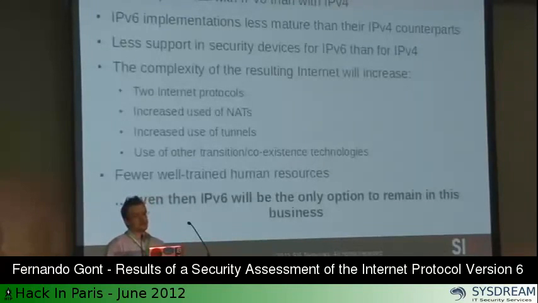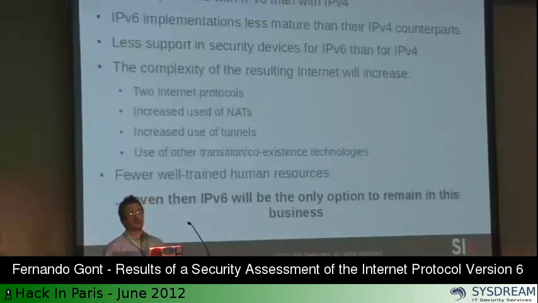Another important aspect, particularly for the people working in the operations area, is the support that you can find in security devices. Let's say that you take a look at a firewall or any other security device. It's very likely that the device has this and that security feature. And if you look at the number of features that the same device has for IPv6, in many cases you will find that there is no IPv6 support at all.